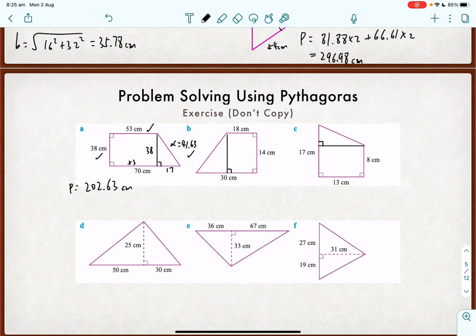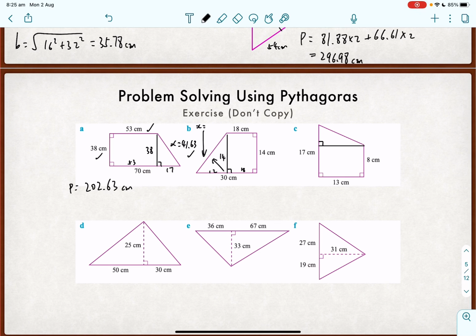Now similarly, this one opposite is the same, so this is 14, 18 here, 30 minus 18, this is 12. Okay, so we got a triangle here as 14 and 12, so we're looking for x. The opposite here is unknown, so we're plussing.